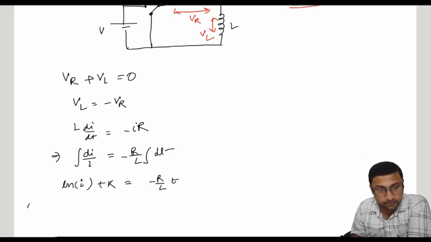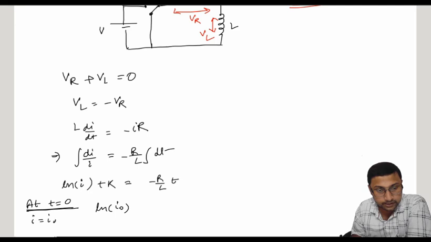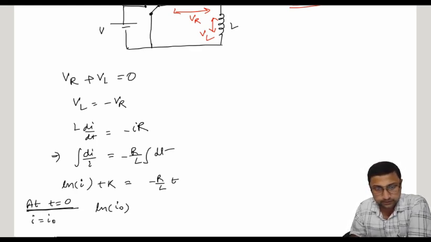And at t equal to 0, that means the initial condition, suppose the current is I0, I equal to I0 at t equal to 0, so ln I0 plus k equal to 0.